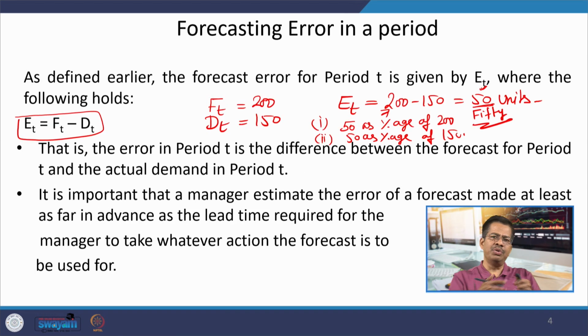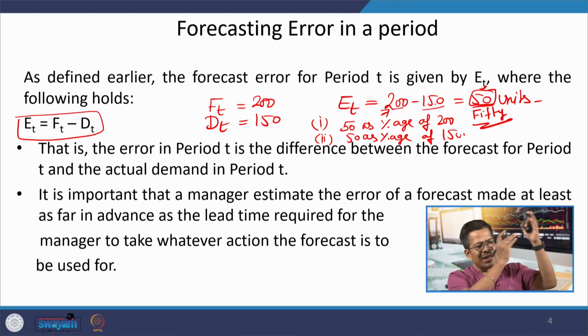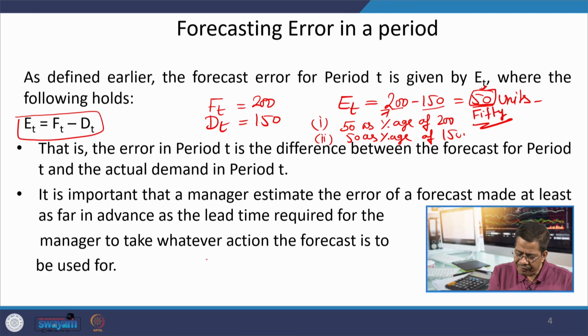You always need to see in how many different ways, because 50 here may look like a very high number, because of 200 and 150. Now consider another scenario. In that scenario, I forecasted 10,000 units.